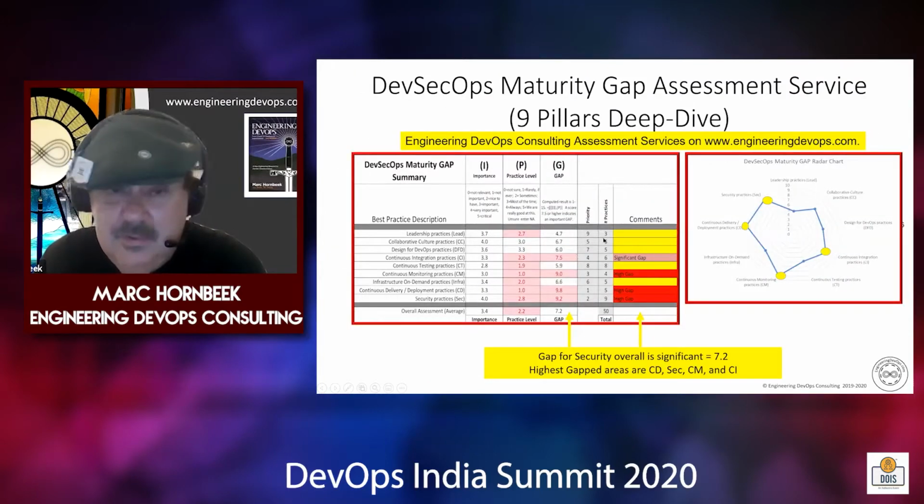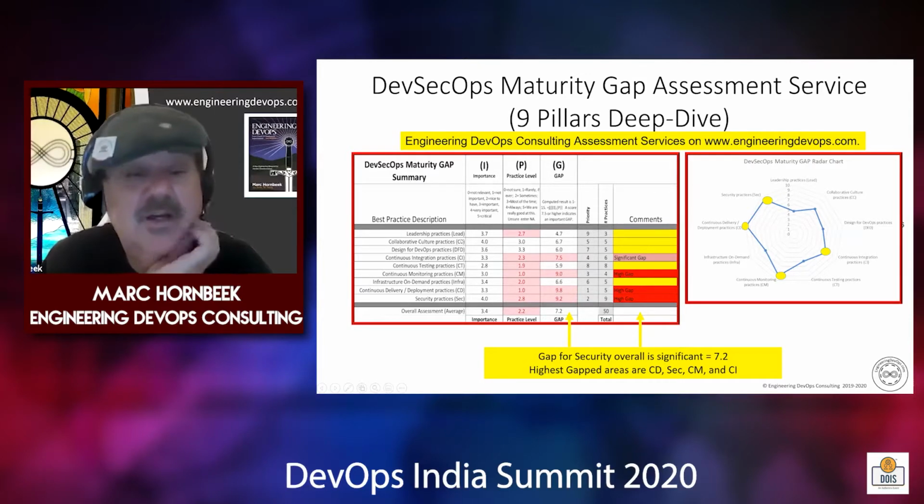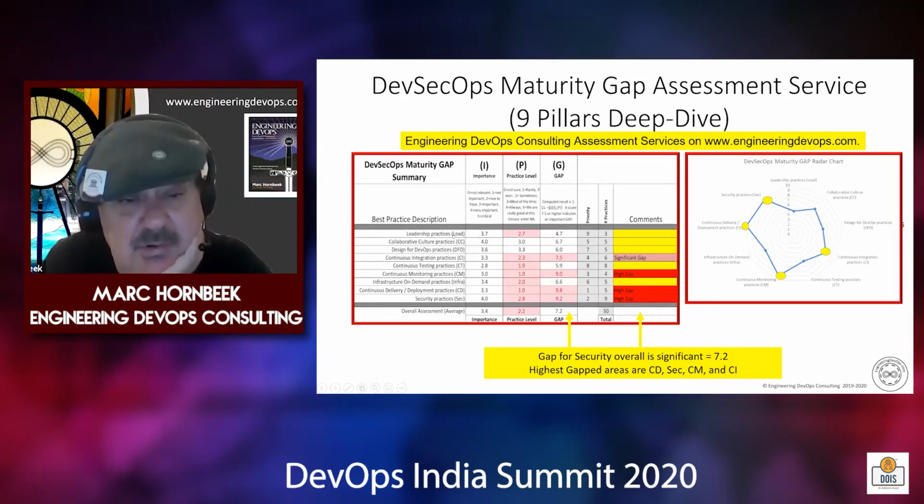Okay, if you do that basic maturity level and you want to go deeper, I actually do have something I call a 9 pillars deep dive, where I talk about security in 9 pillars.